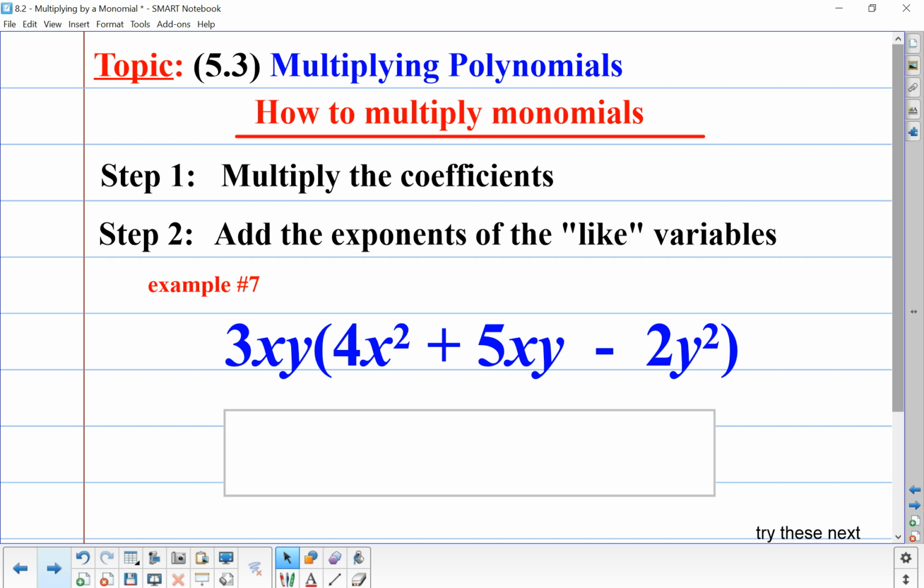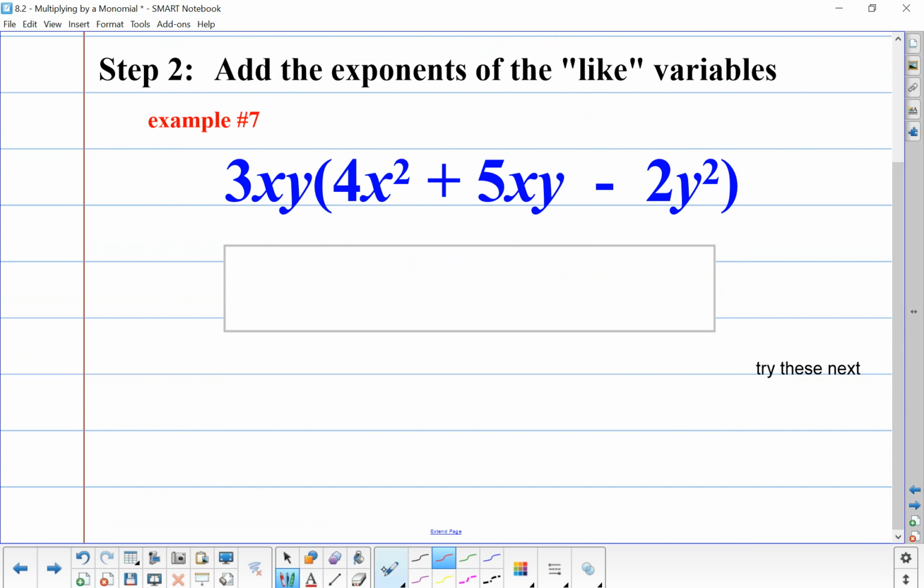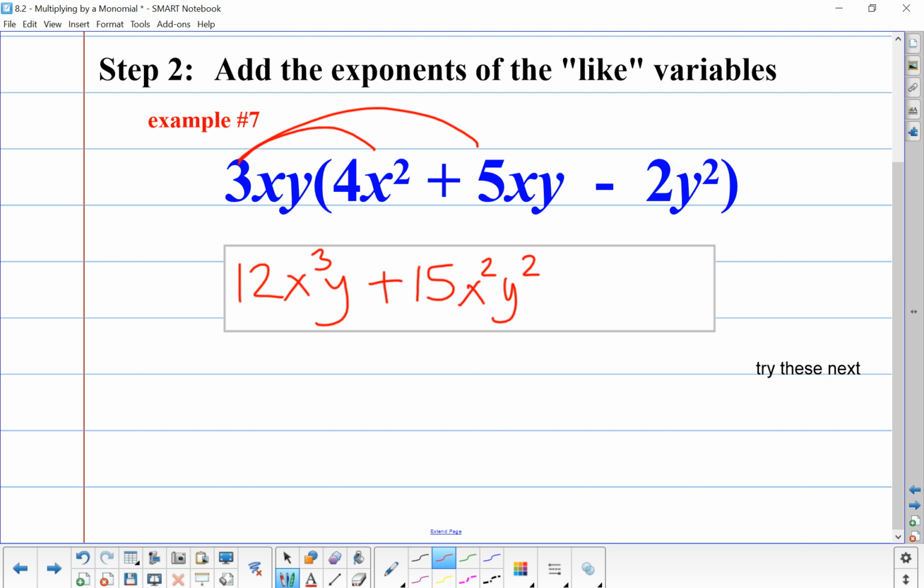Let's take a look at one last question before you try some on your own. So remember, you're going to distribute here. 3 times 4, x to the first times x to the second, and y times no more y's. 3 times 5, positive 15, x to the first times x to the first is x to the second, y to the first times y to the first is y to the second, and then lastly, 3 times minus 2 is minus 6x, and there are no more x's, so we keep it the same, y times y squared is y to the third.